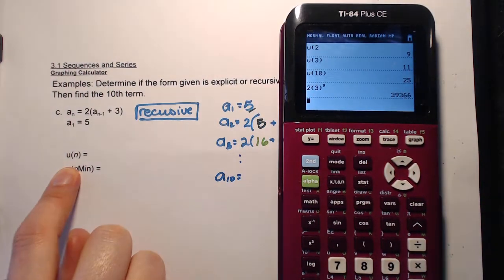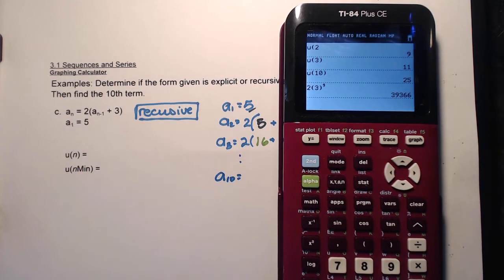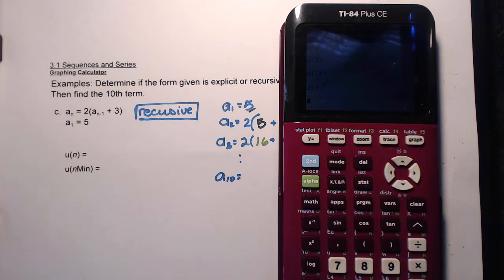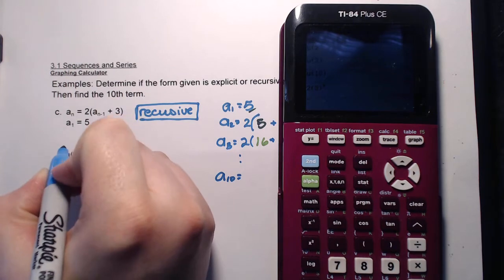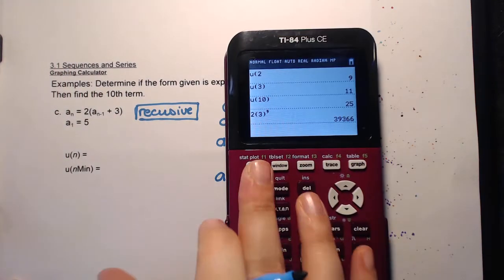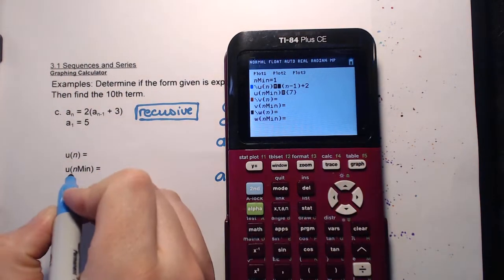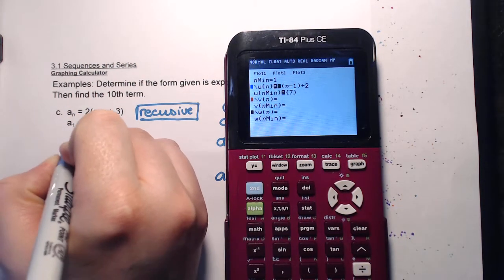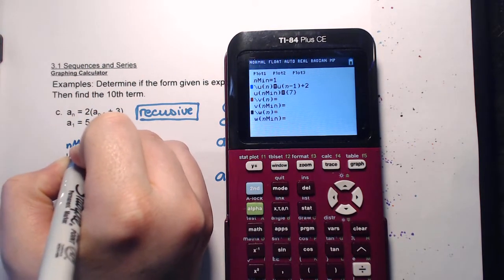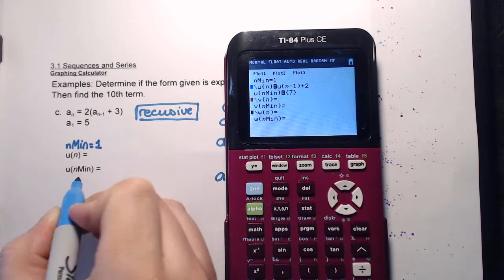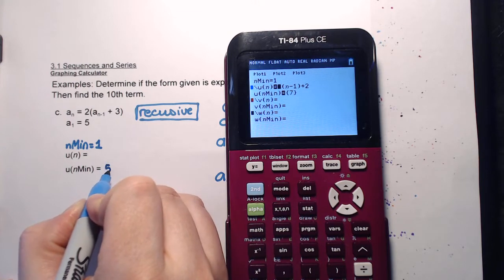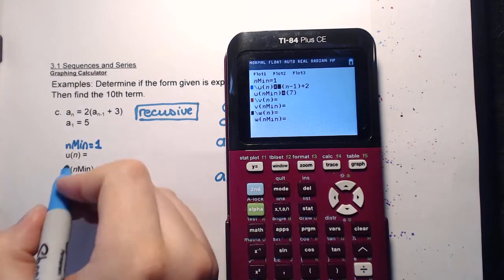So we need to determine what these values are going to be. We're going to start with our first term. So that n minimum is going to be the first term. And then this is saying what's the value of the first term? Well, our value was 5. And then what's the recursive equation?